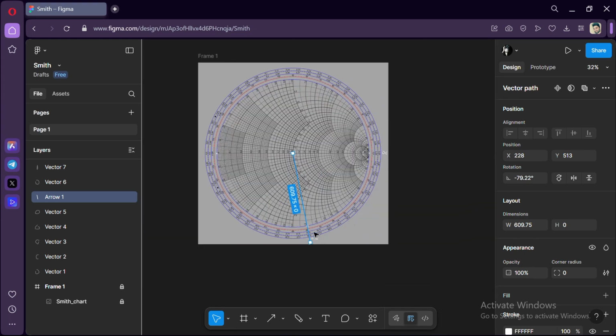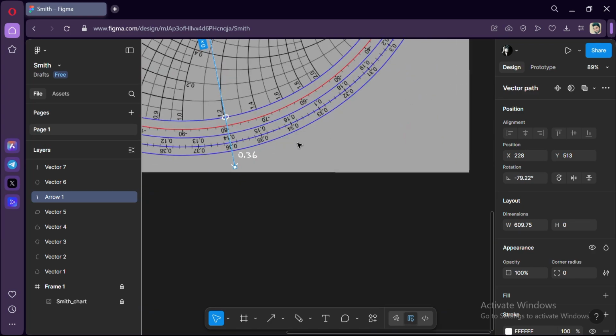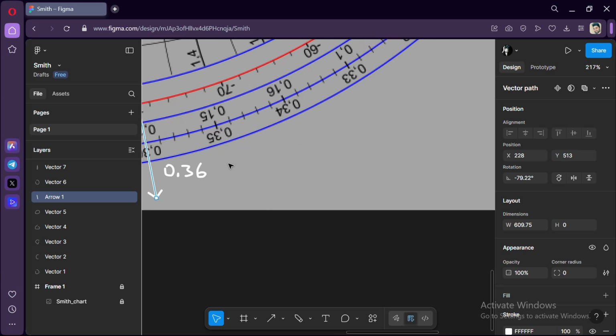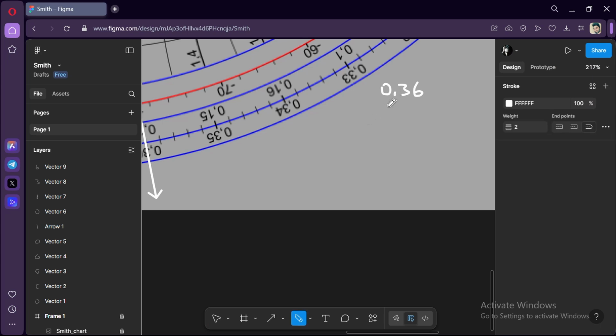Subtracting, I can see it is 0.11 lambda.